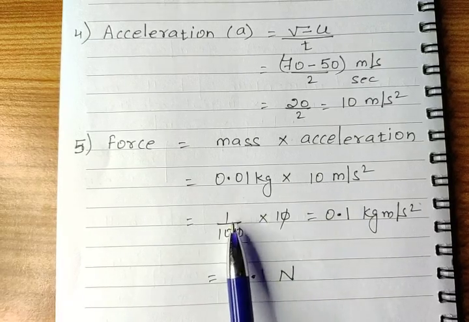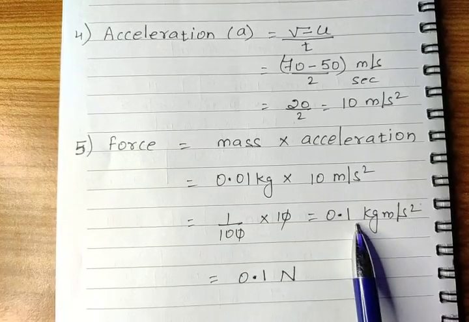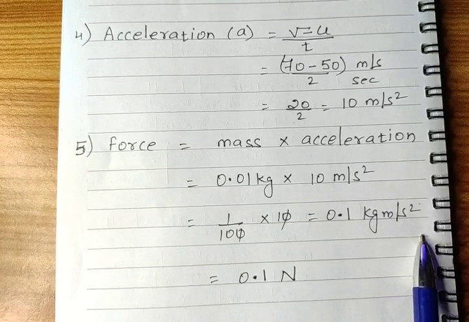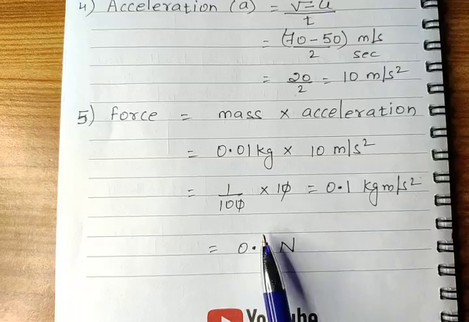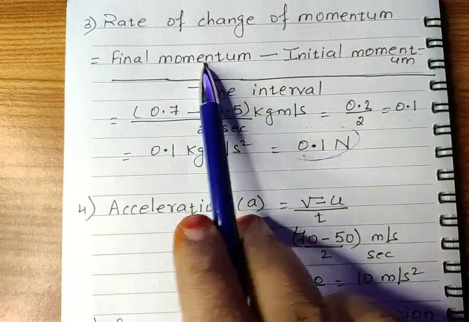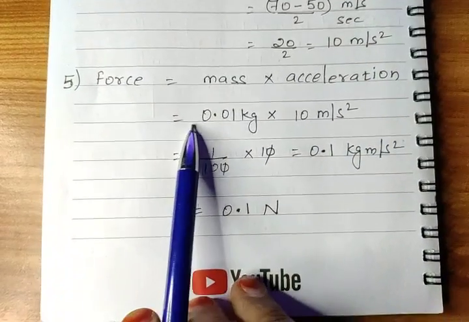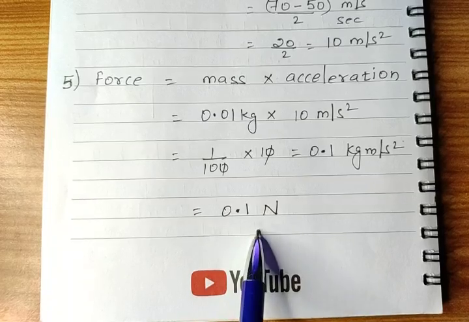So 0.01 means 1 by 100 into 10. So how much? 0.1 kilogram meter per second square. That is 0.1 Newton. Now you see children. Third one, rate of change of momentum. How much? 0.1 Newton. And when we calculated force also 0.1 Newton.